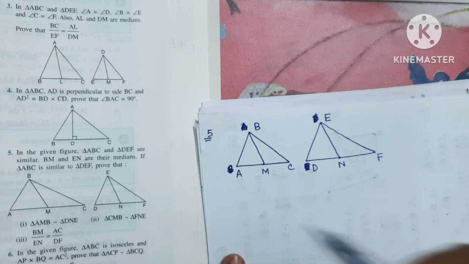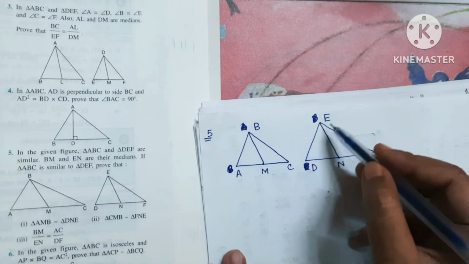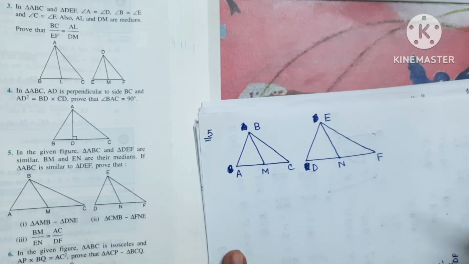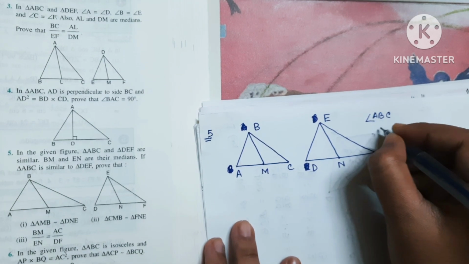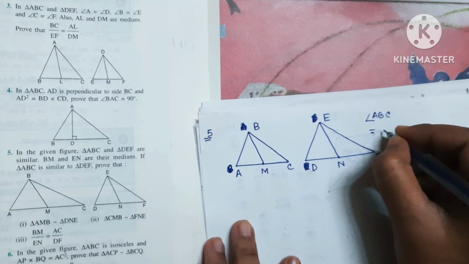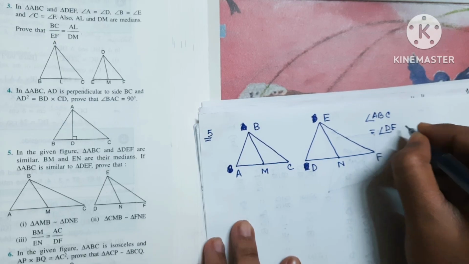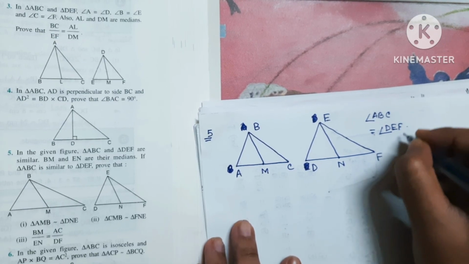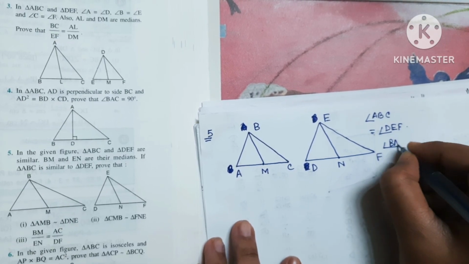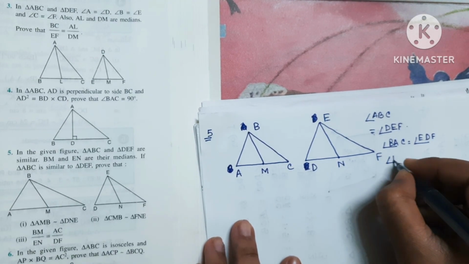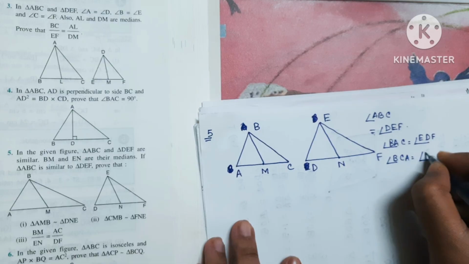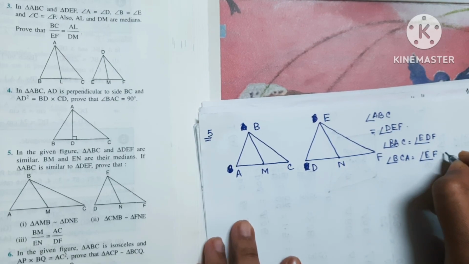Now see, if these two triangles are similar, that means angle ABC is equal to angle DEF. Angle BAC is equal to angle EDF. And angle BCA is equal to angle EFD. Okay.